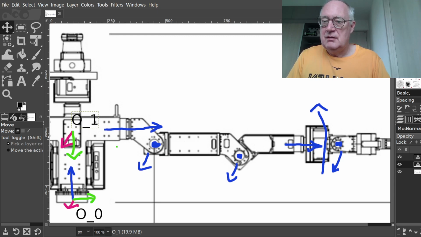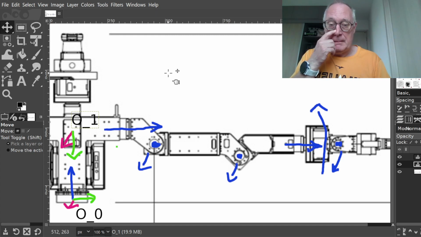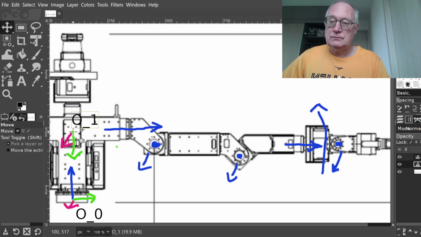Then theta is 0, because I only need to rotate here. A is 0.